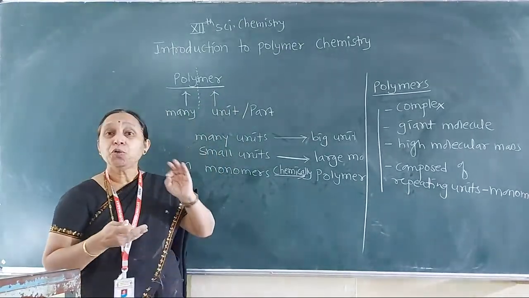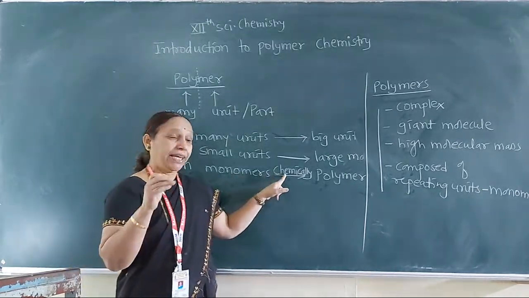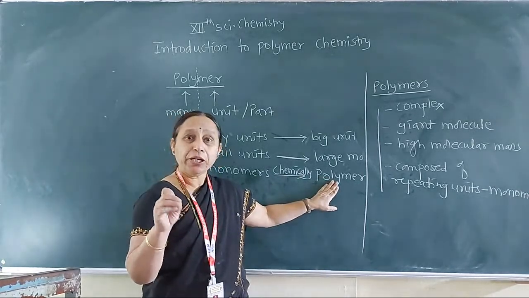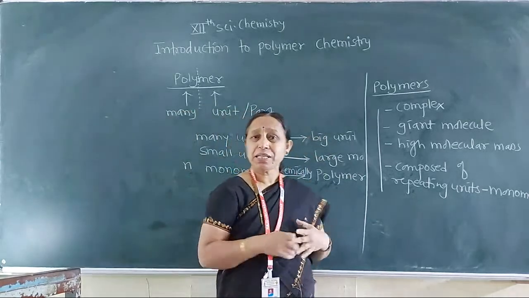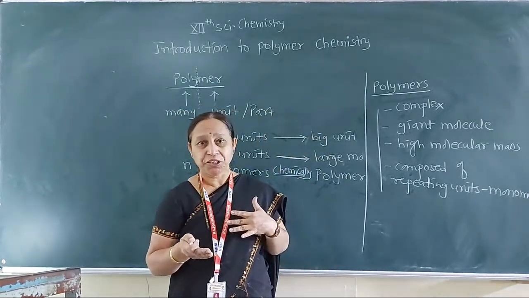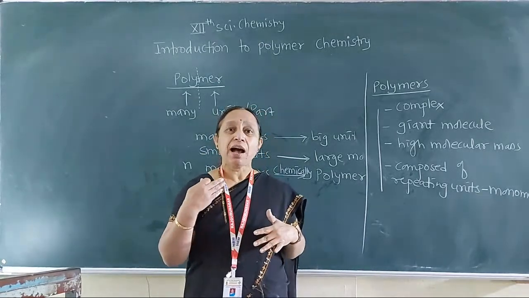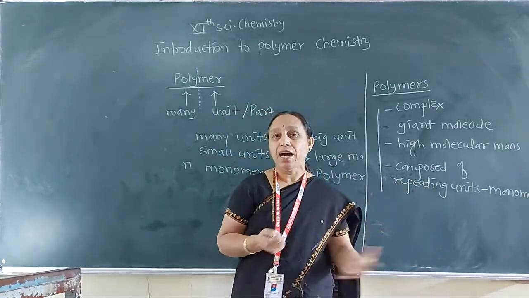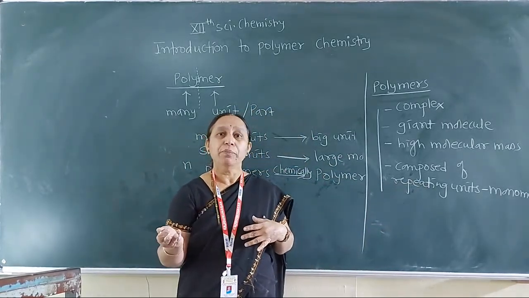These many units of monomers are chemically joined to form a big unit called polymer. Polymers are complex in nature, they are giant molecules, they possess high molecular mass, high molecular weight, and they are composed of repeating units called monomers.